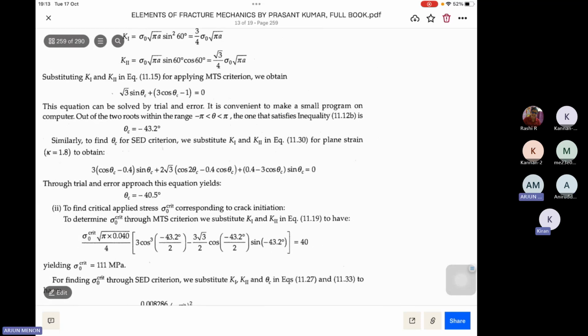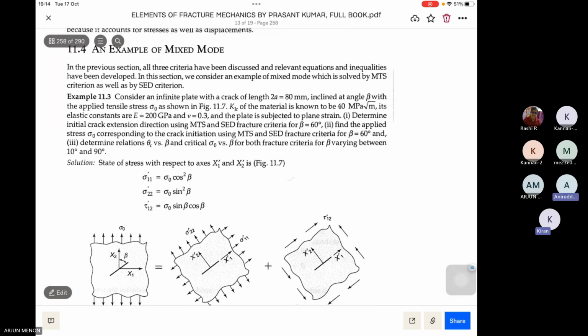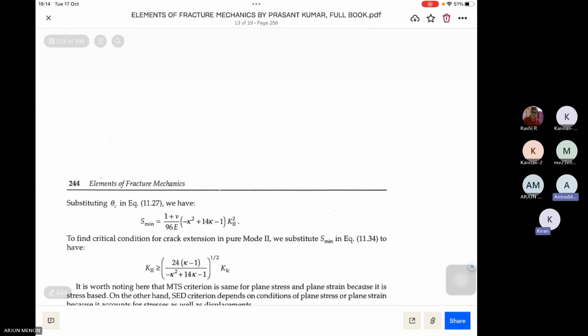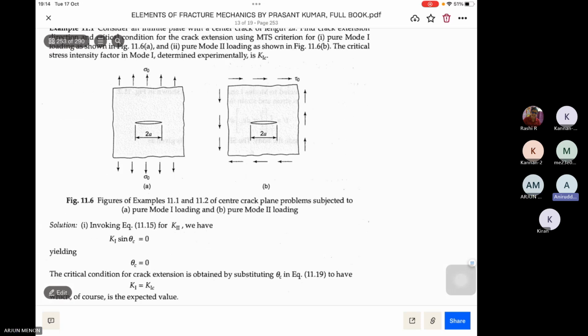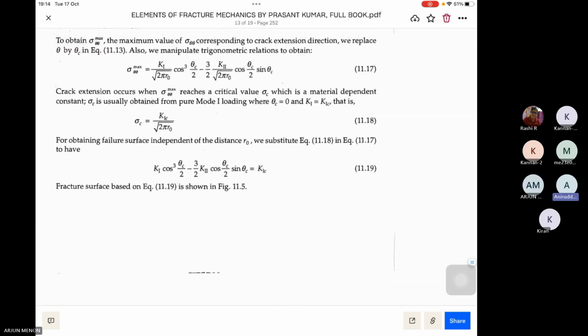But sir had mentioned in that video that with respect to the crack axis, the propagation will be downwards. So that's why I took negative. Even in sir's videos, all the values he has taken for the crack growth direction are in the minus direction only.